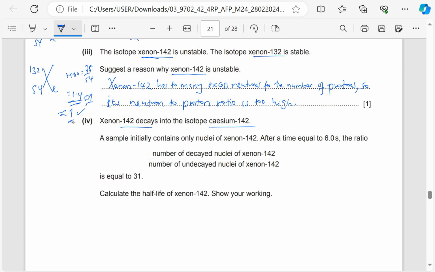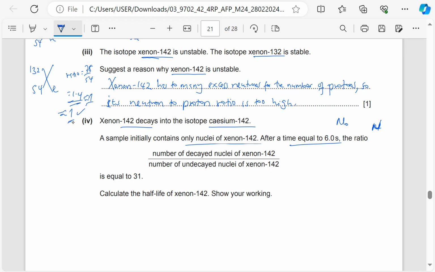A sample initially contains only nuclei of xenon 142. After a time of 6 seconds, the ratio of number of decayed to undecayed nuclei is 31. If we say that the original number is n naught, the number present after a certain time is n.